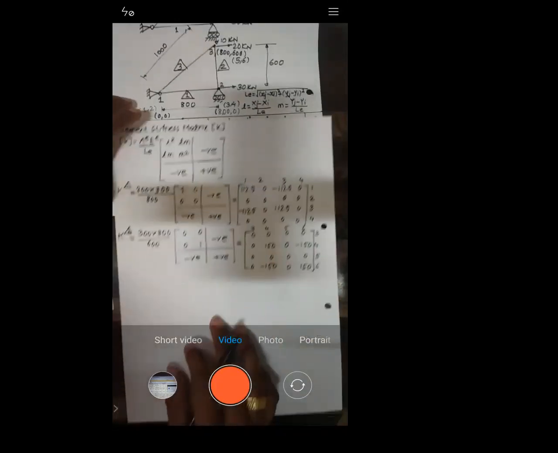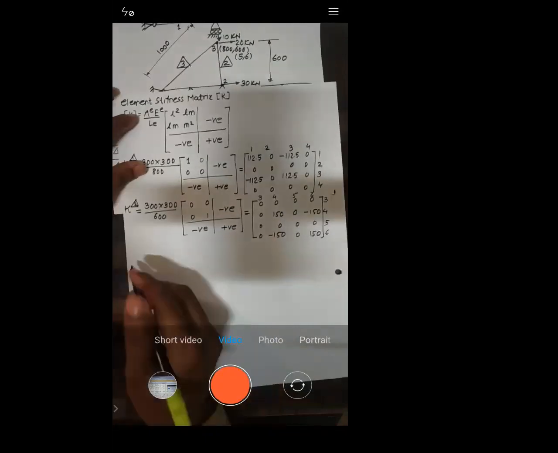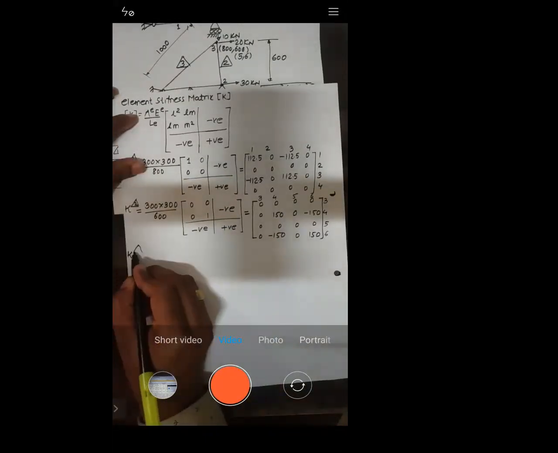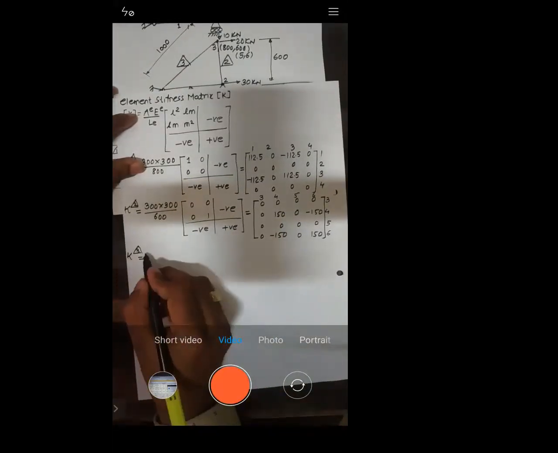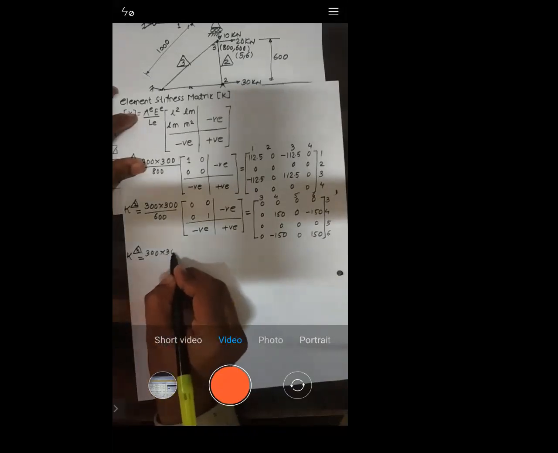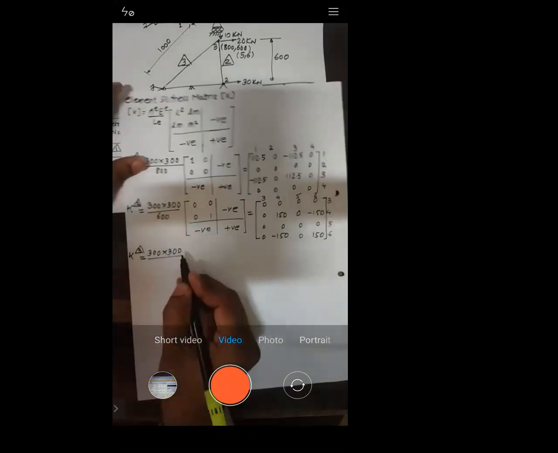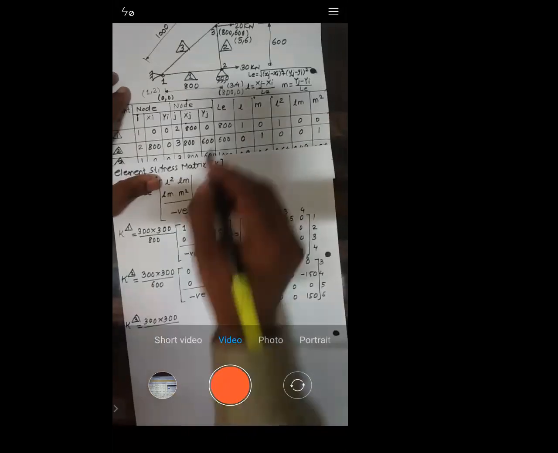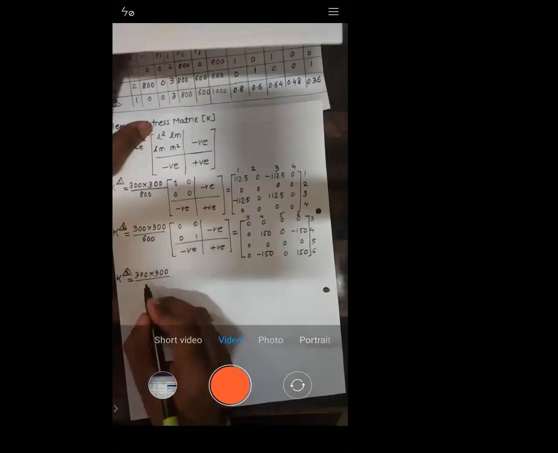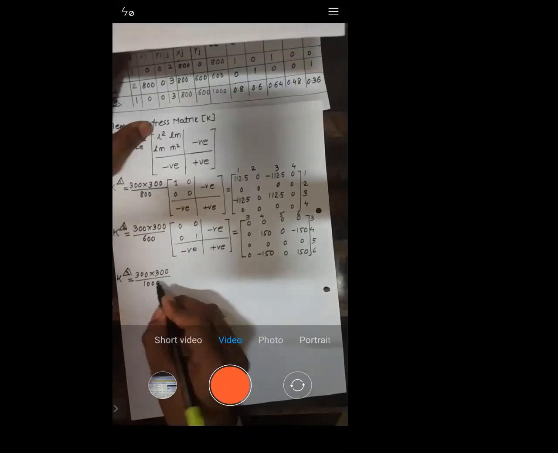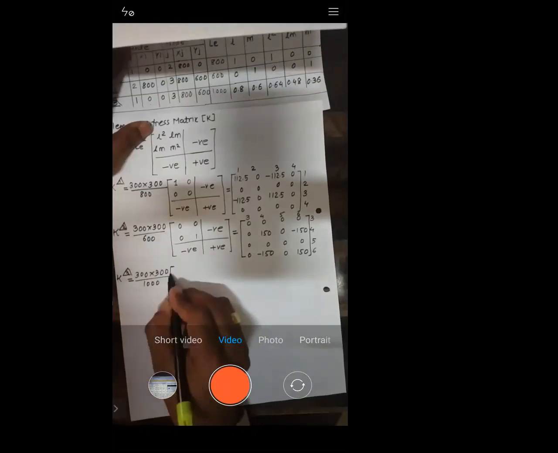Now we should write down the stiffness matrix for element number 3. Area into E by the length of element number 3. It's 1000, so 1000 upon 1000, into L square.